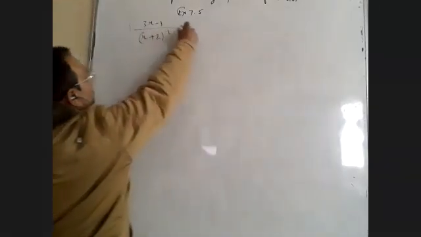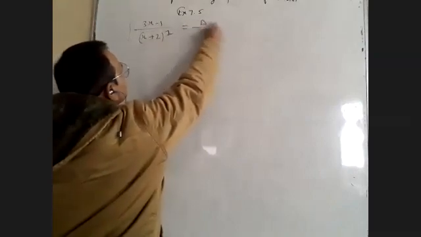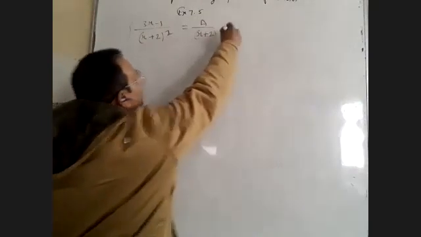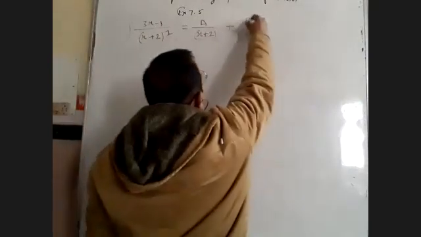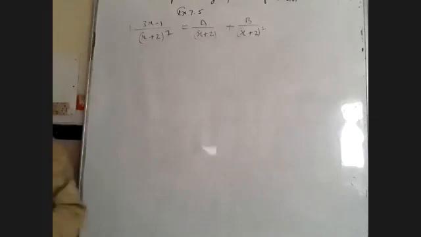Here we have the repeated root. If you have the repeated root, then you can assume a upon x plus 2, b upon x plus 2 whole square. You can assume in this way. So you have to find out the value of a and b.